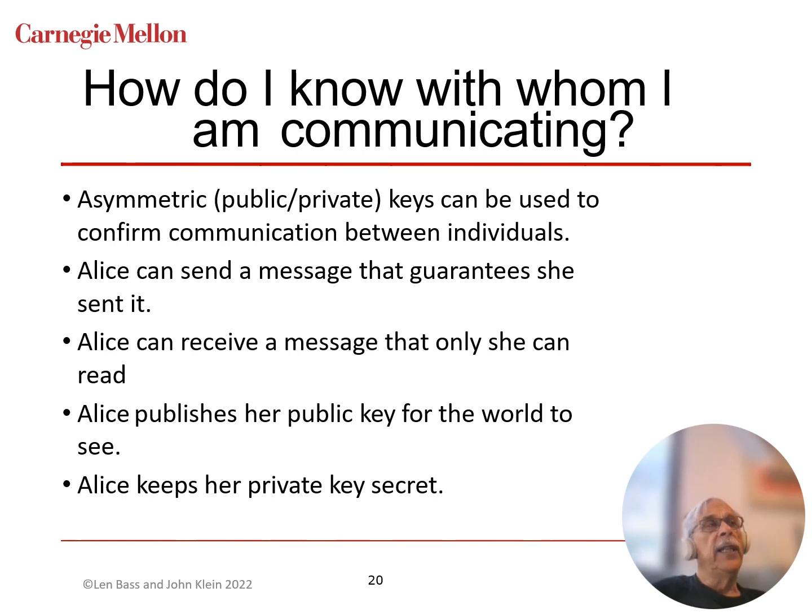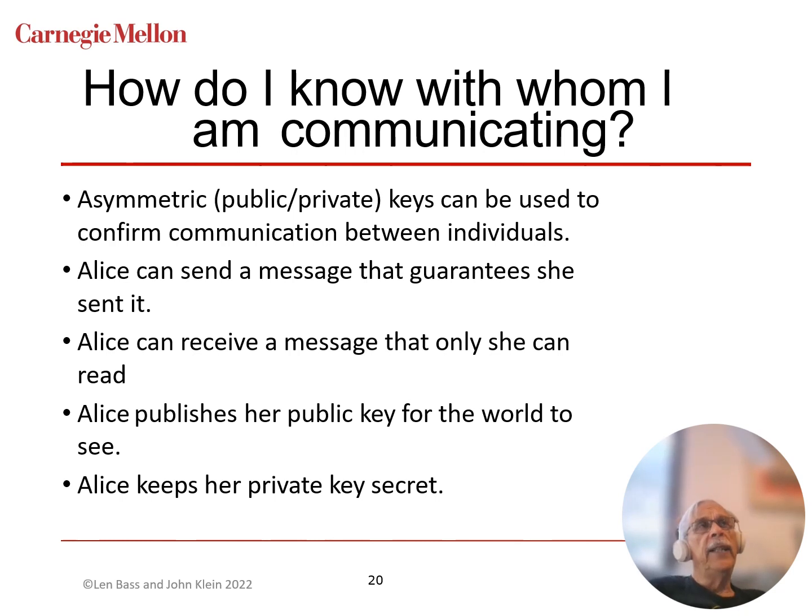When the message is sent out over the internet and everybody can read it, only Bob can decrypt it because he has his private key. So the essence of this is keeping your private key secure.